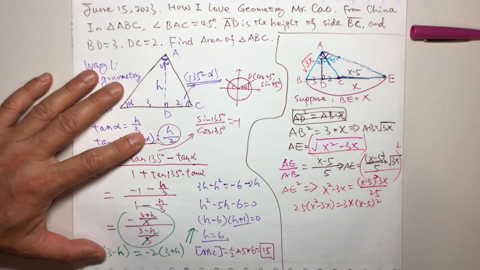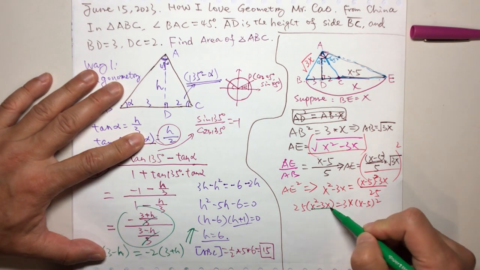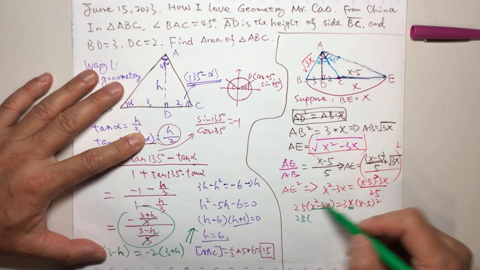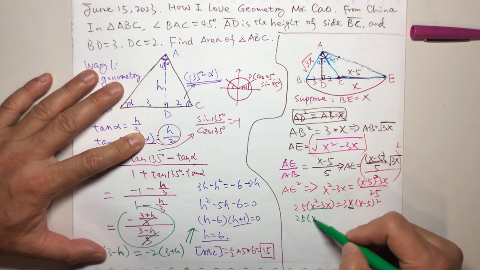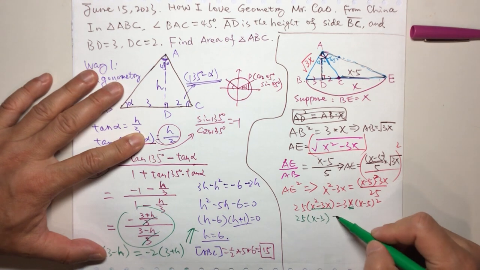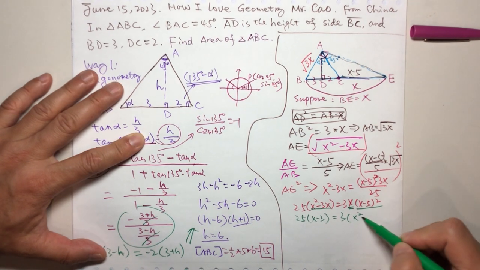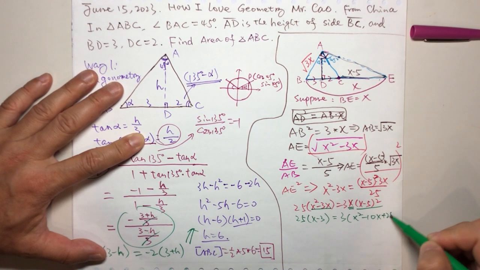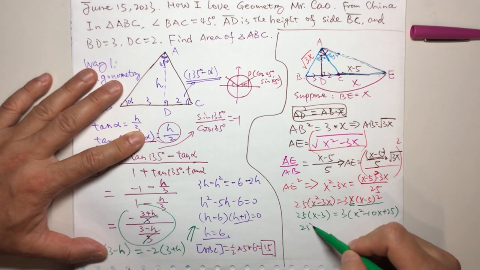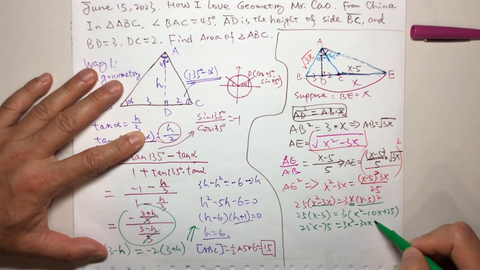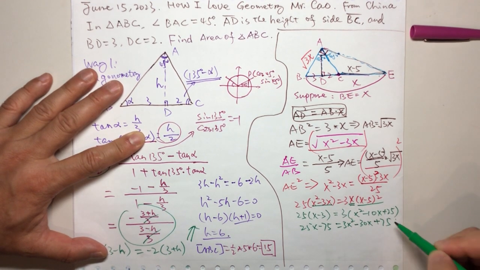And we can factor out x on each side, and I just cancel x, and it equals 3. Now I will expand this x minus 5 squared, x squared minus 10x plus 25, right? So 25x minus 75 equals 3x squared minus 30x plus 75.